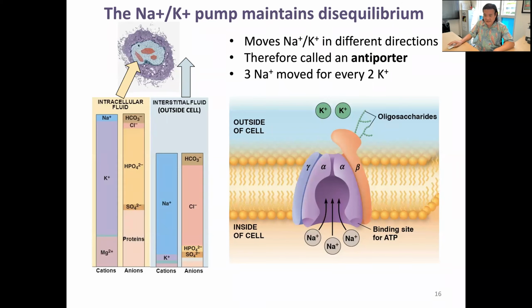Remember that oftentimes the pumping of these ions to set up different gradients, like low potassium on the outside and high sodium on the inside, is done on purpose to set up gradients that can then be utilized to drive other transport.